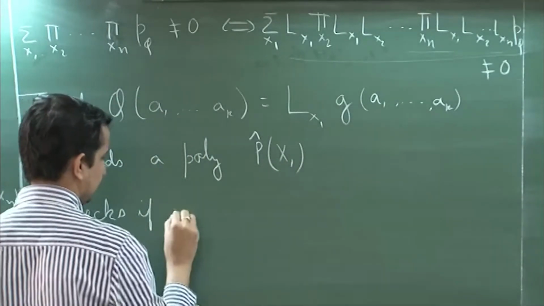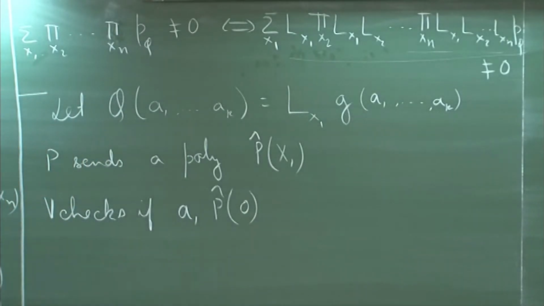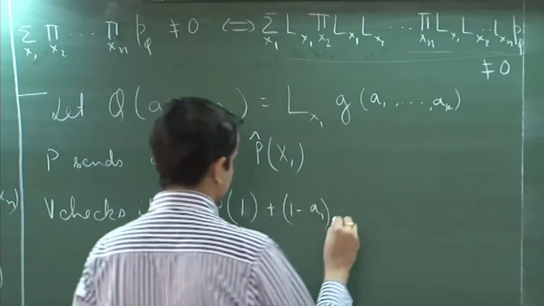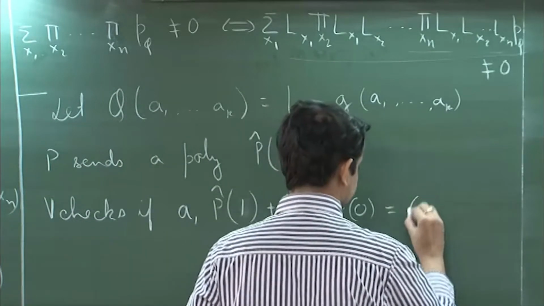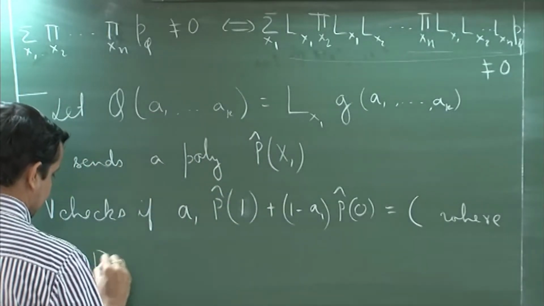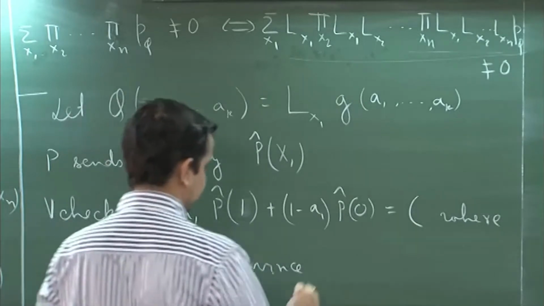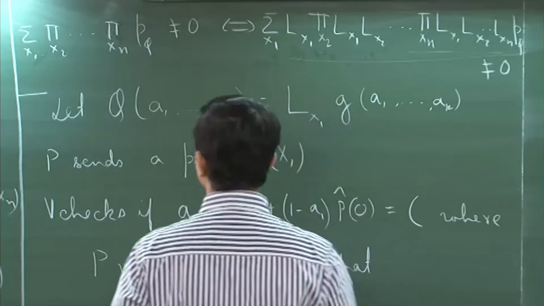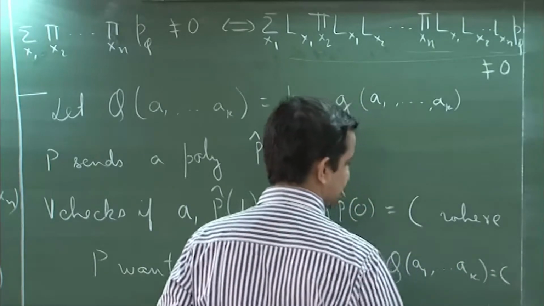V checks if A1 P hat of 1 plus 1 minus A1 P hat of 0 is equal to whatever the prover is trying to convince, which is equal to C. P wants to convince V that this is equal to C.